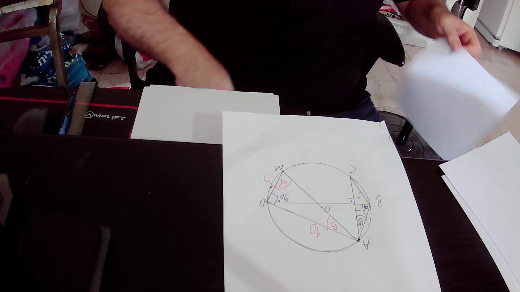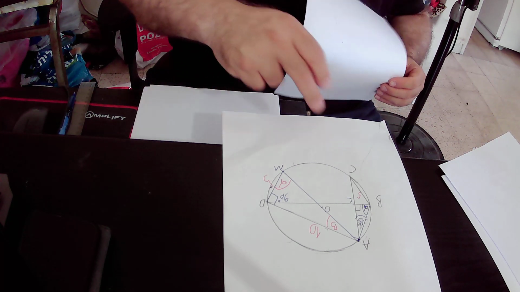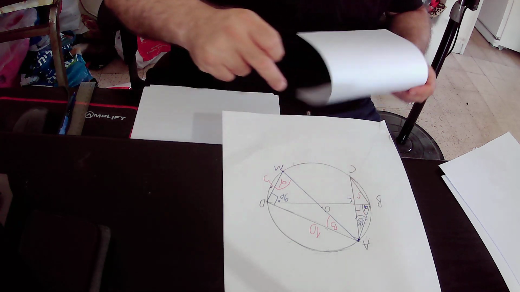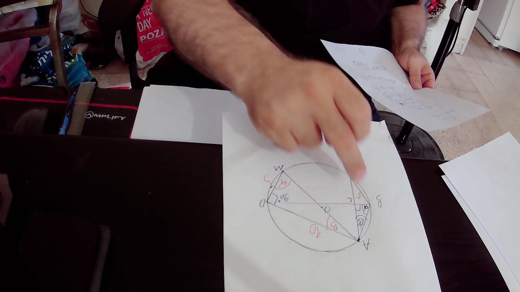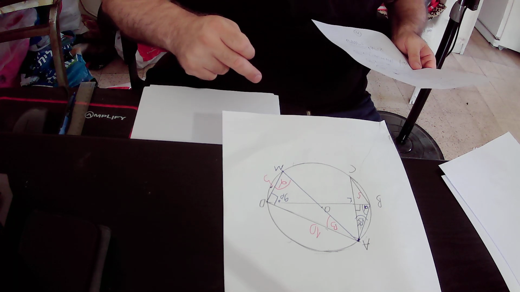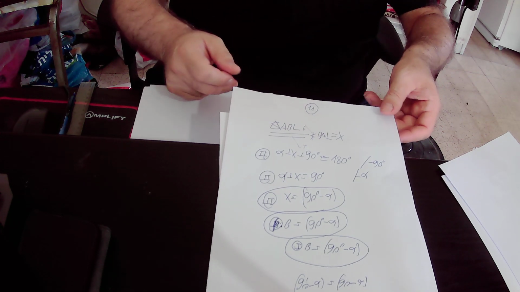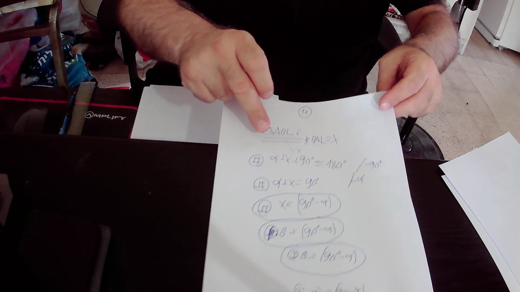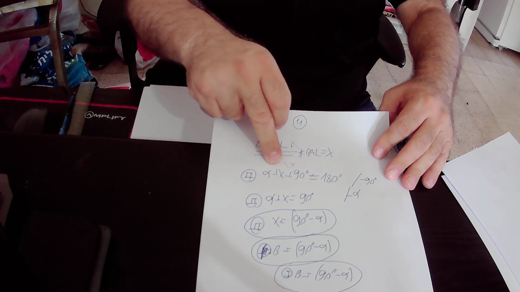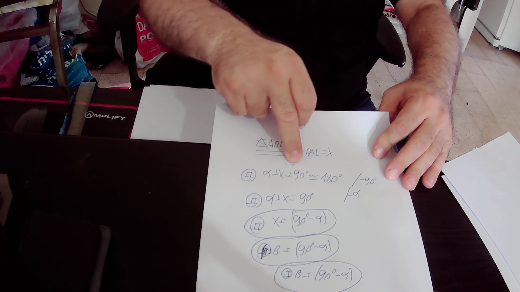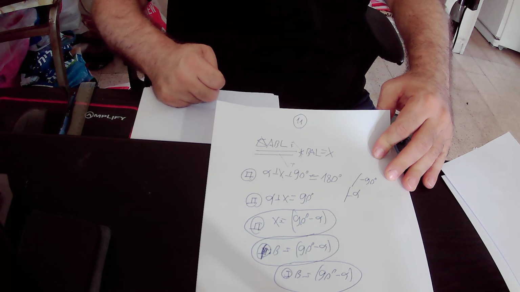So equation number 2 states that in the right triangle ABL, alpha plus x plus 90 degrees equals 180 degrees.